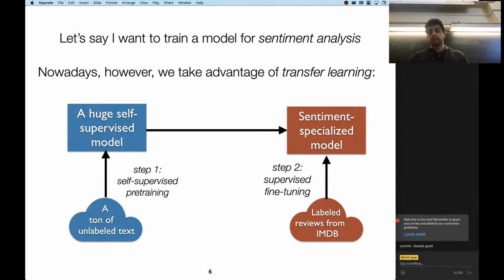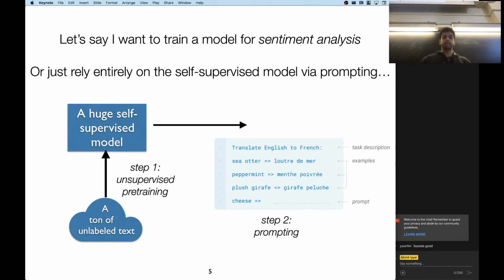Okay, and then finally, to recap last time, we also discussed this newer approach of just prompting the base language model to solve a task instead of doing any sort of training or fine-tuning on the sentiment data.